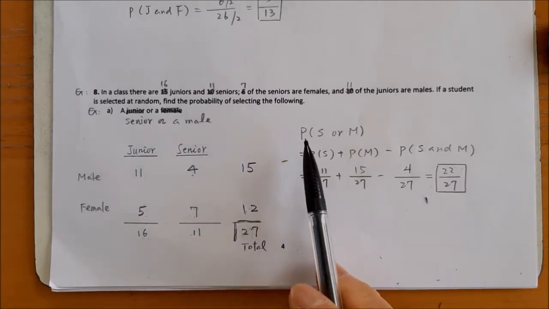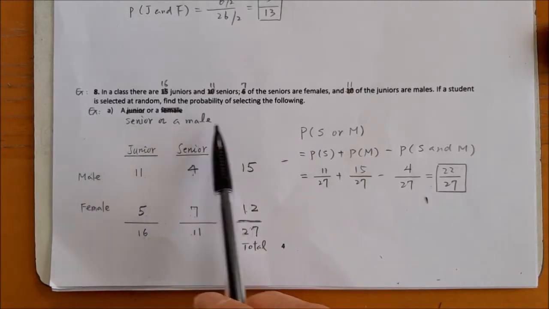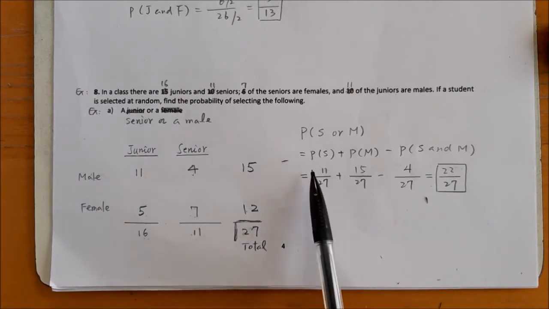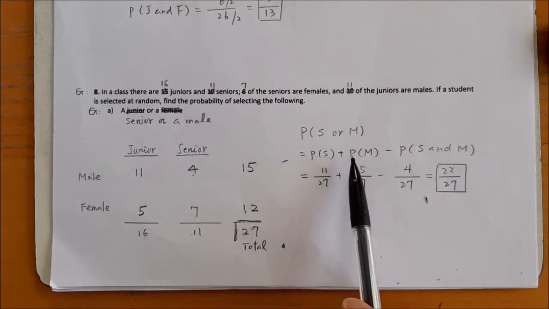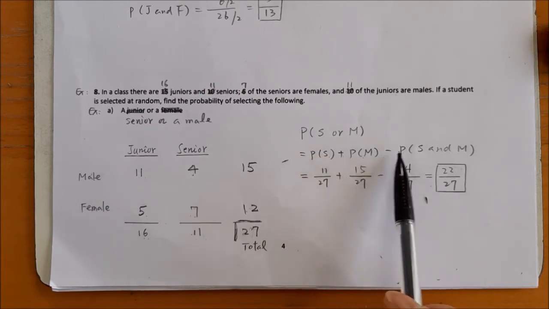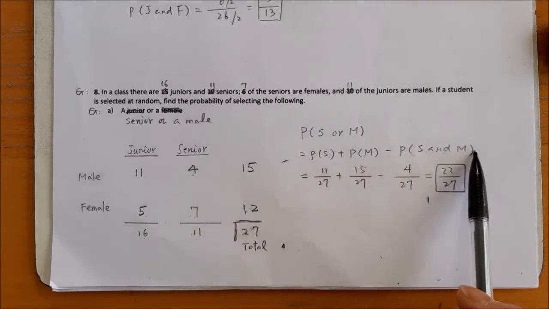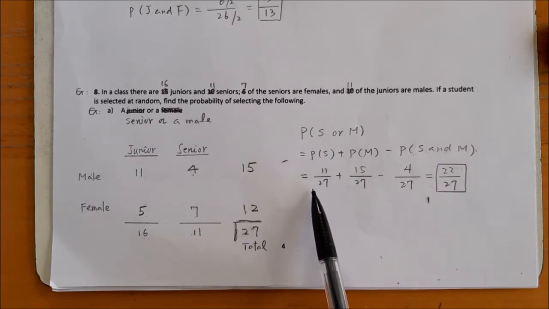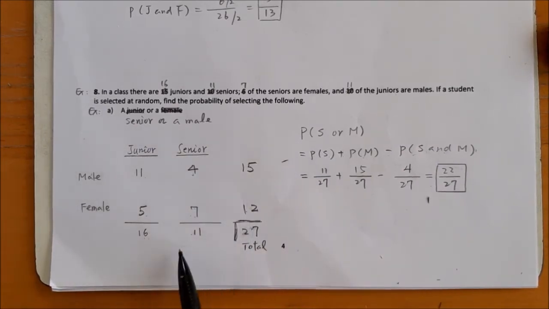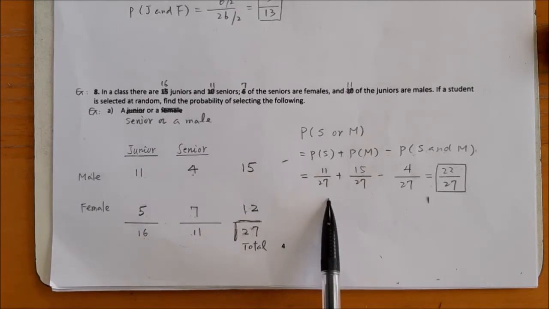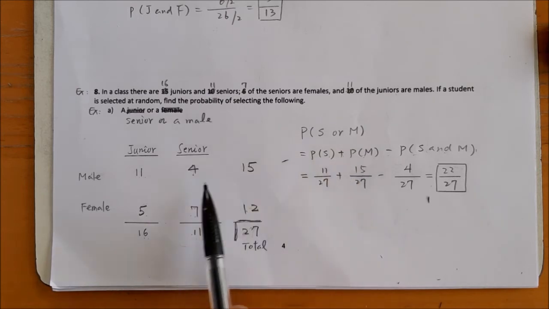Then the probability of senior or male is equal to, using the addition rule, probability of senior plus probability of male minus probability of senior and male. Probability of senior, total 27, how many are senior? 11. So 11 out of 27, plus how many male? 15.